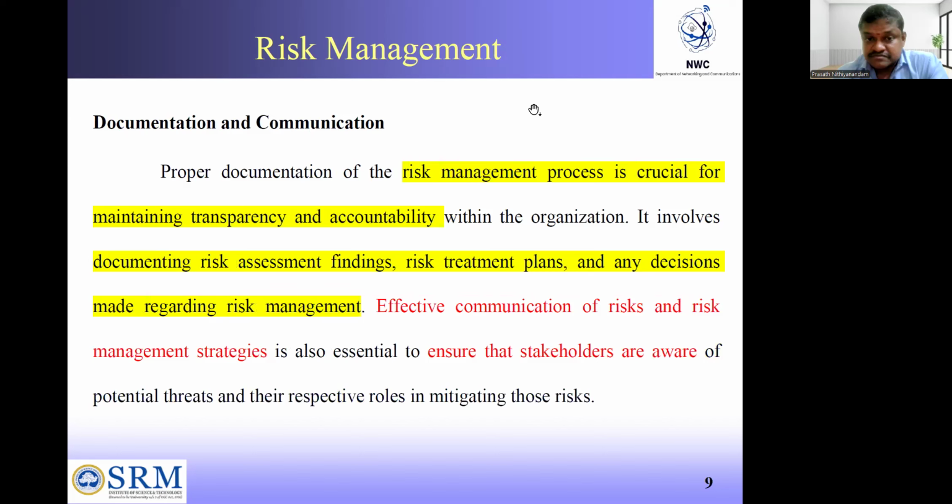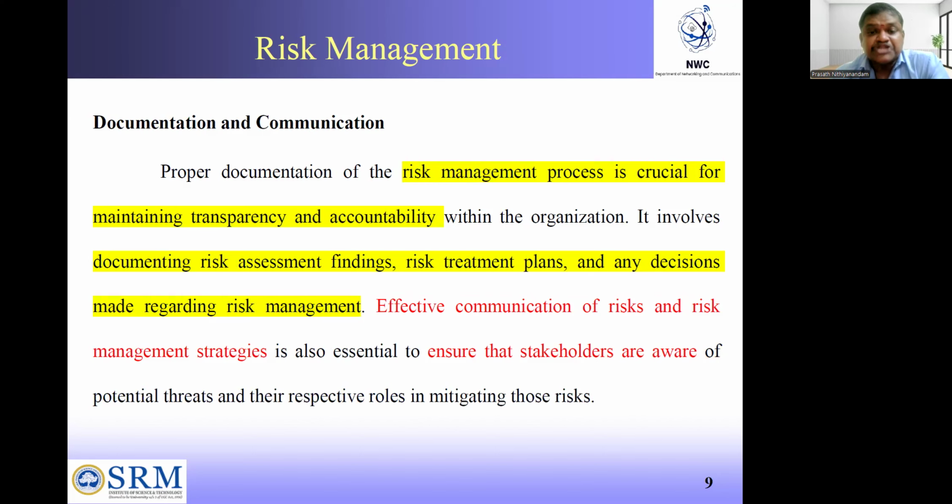And the next one would be documentation and communication. Proper documentation of the risk management process is crucial for maintaining transparency and accountability within the organization. This includes documenting risk assessment findings, risk treatment plans, and the decisions made regarding risk management.